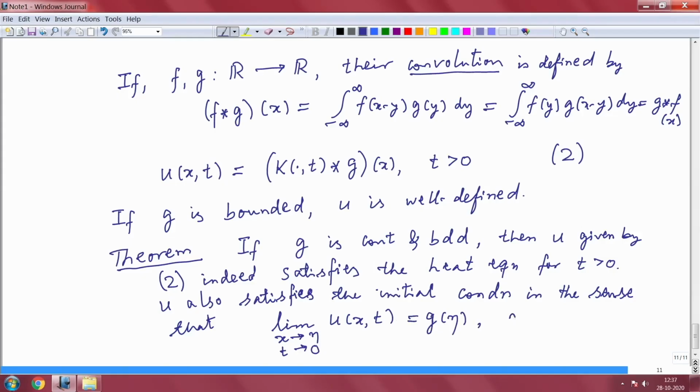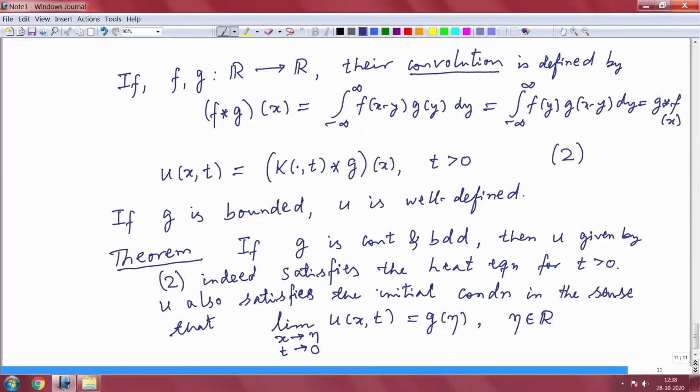So, eta is a real variable. Okay. So, in general this limit is satisfied at all the points of continuity of G. So, if you are not assuming G is continuous everywhere, this limit exists wherever G is continuous. Okay.